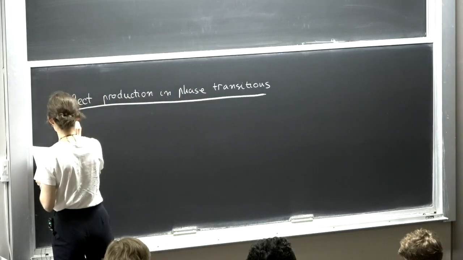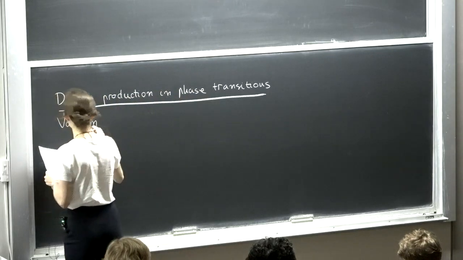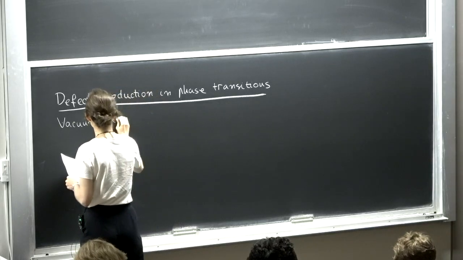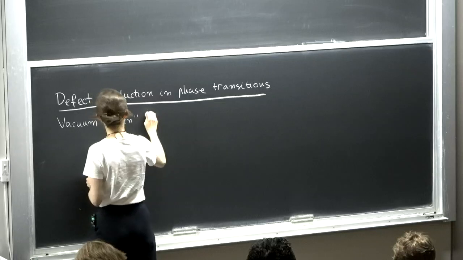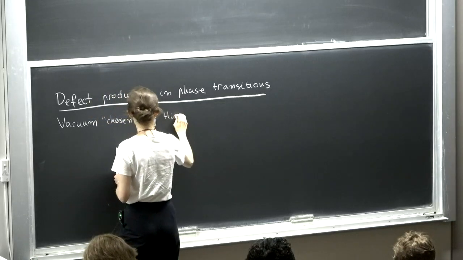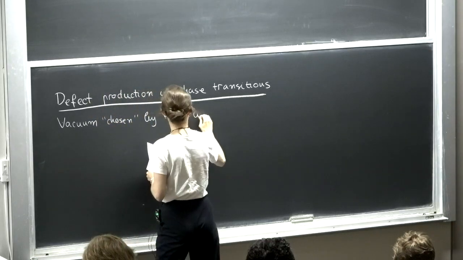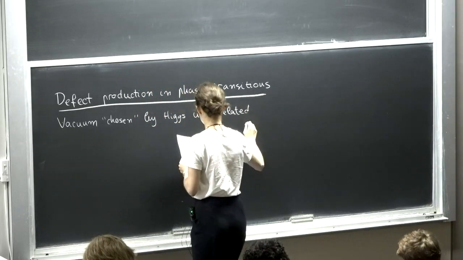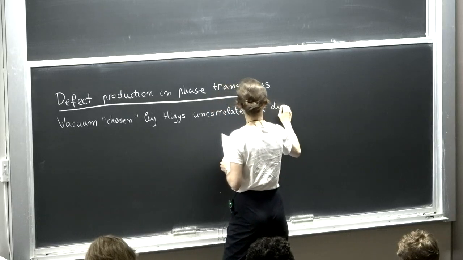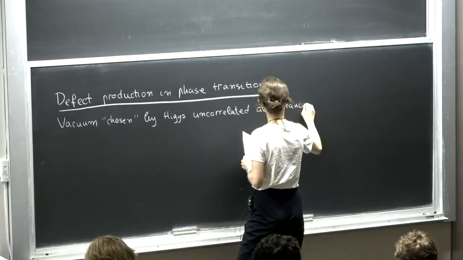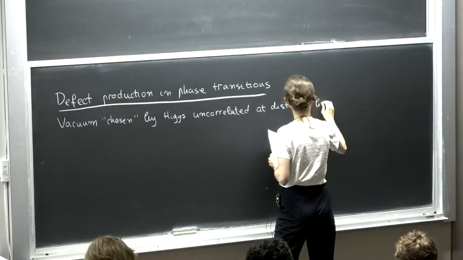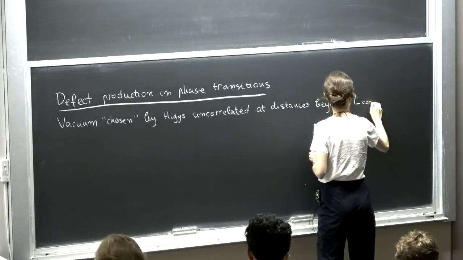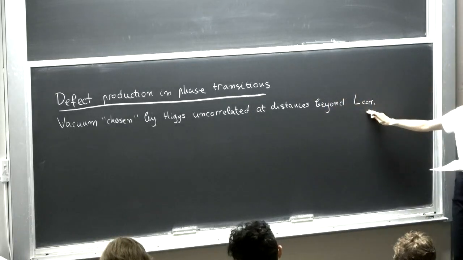So in some sense, as the phase transition happens, the vacuum that is chosen by the Higgs field will be uncorrelated at distances beyond the correlation length of the phase transition, okay?